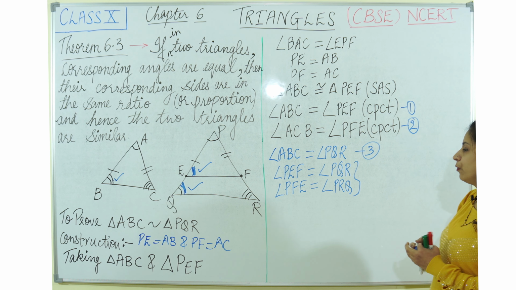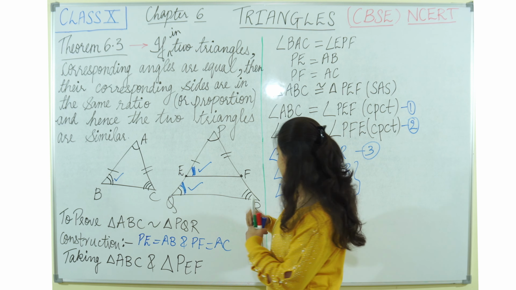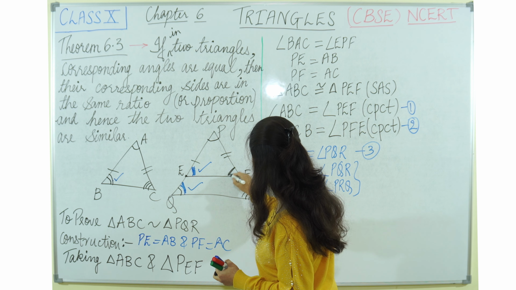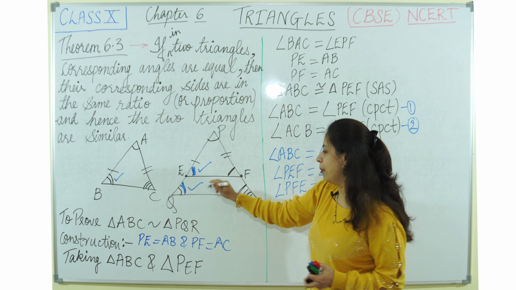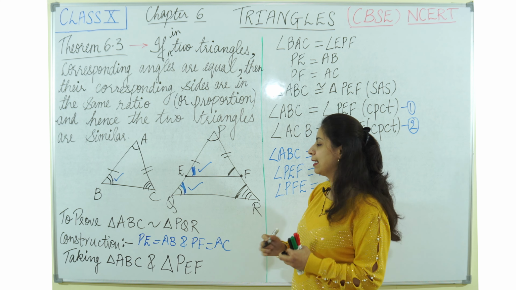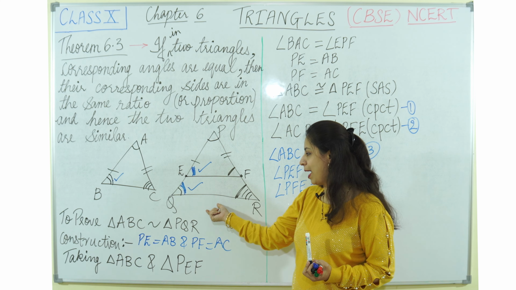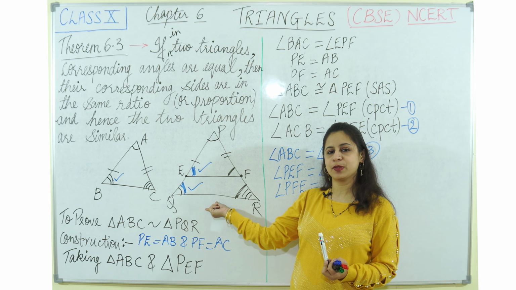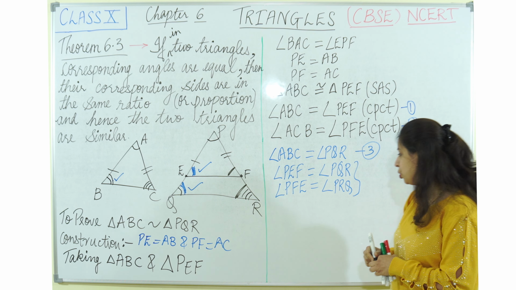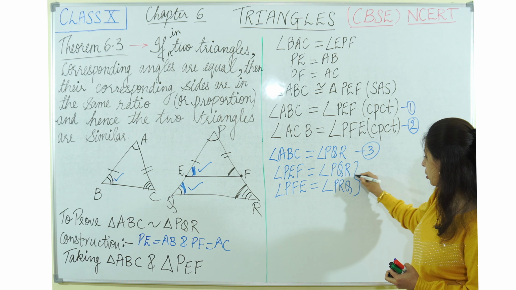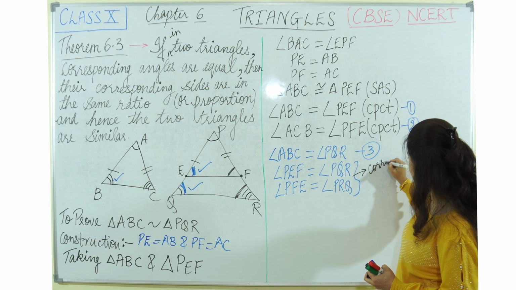So from here we easily get one thing: these are my corresponding angles, and corresponding angles are only equal when EF is parallel to QR. So these both form corresponding angles.